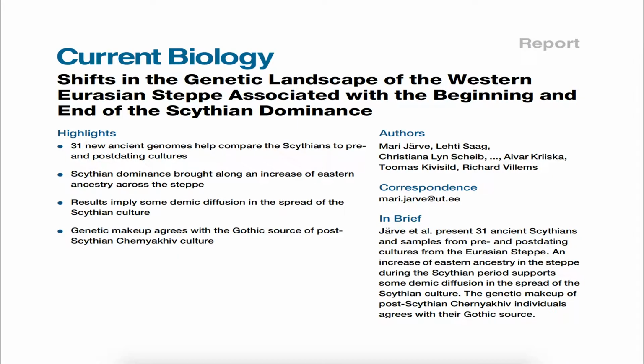Fourth article: shifts in the genetic landscape of the Western Eurasian steppe associated with the beginning and end of the Scythian dominance. This is a 2019 article.